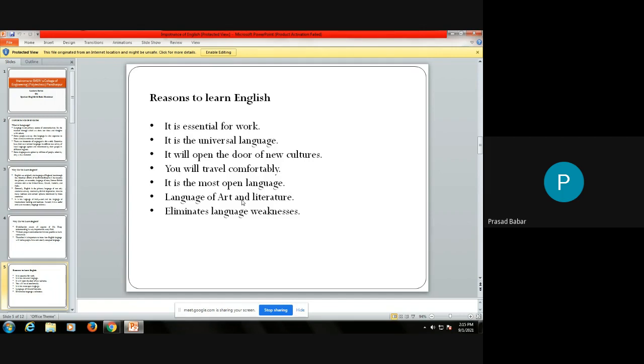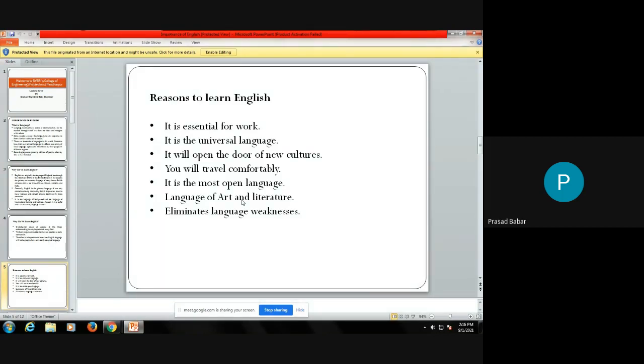So if you go for a trip to the South Indian states, you will have to speak their own mother tongue like Malayalam, Telugu, or Tamil, or you will have to be very perfect in English and have a command of the English language. So it is essential for work.